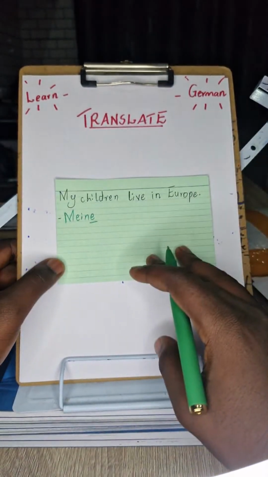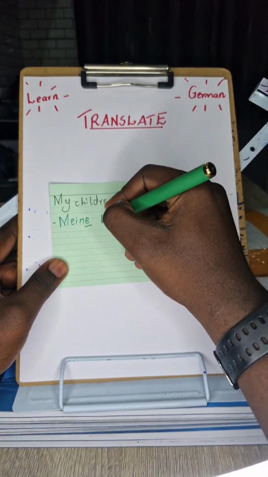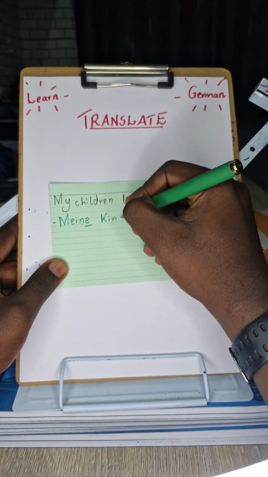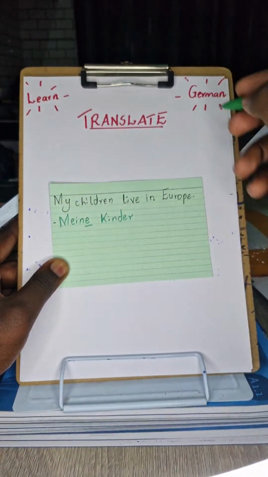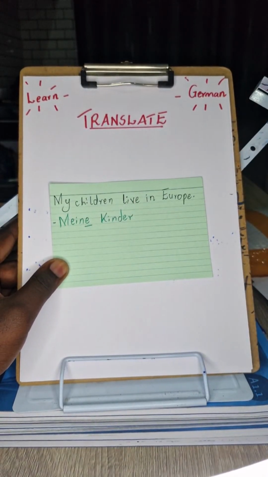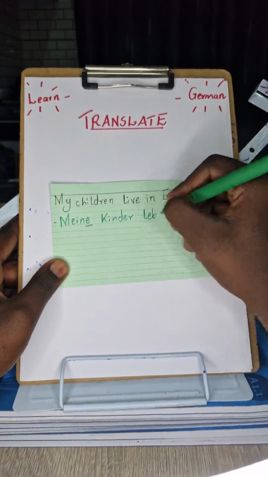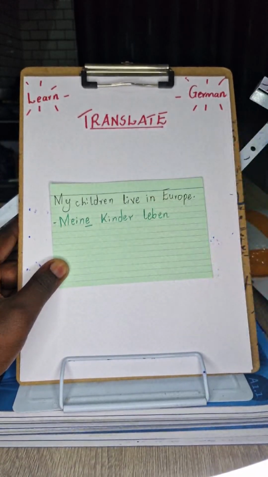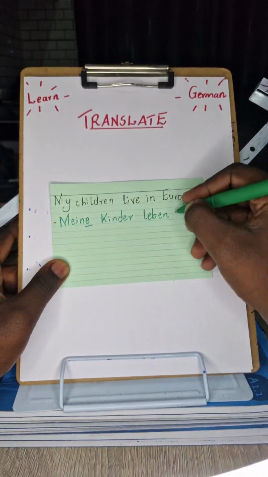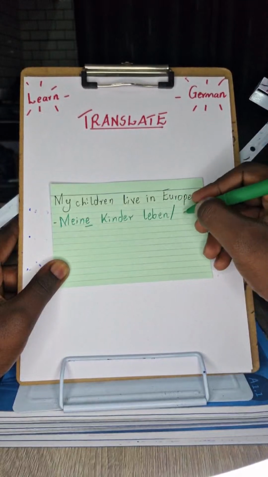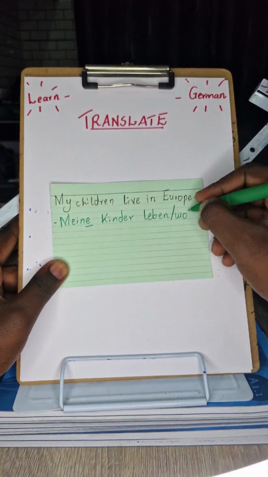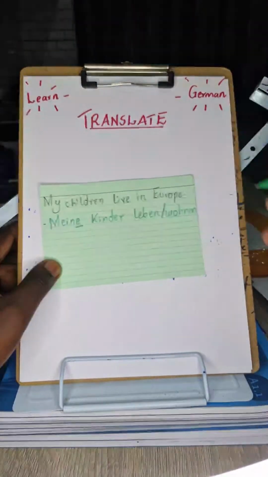So my children live in Europe becomes meine Kinder, and live is leben. There's one from AC. AC, you will either use leben or wohnen, to live. In this case, we don't say wohnt, but wohnen.